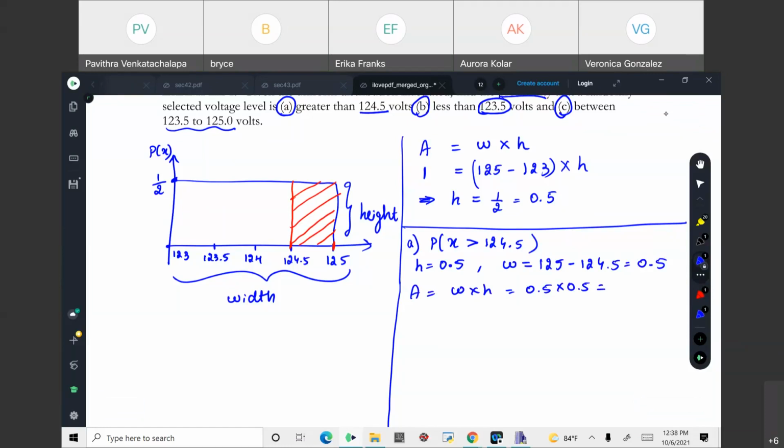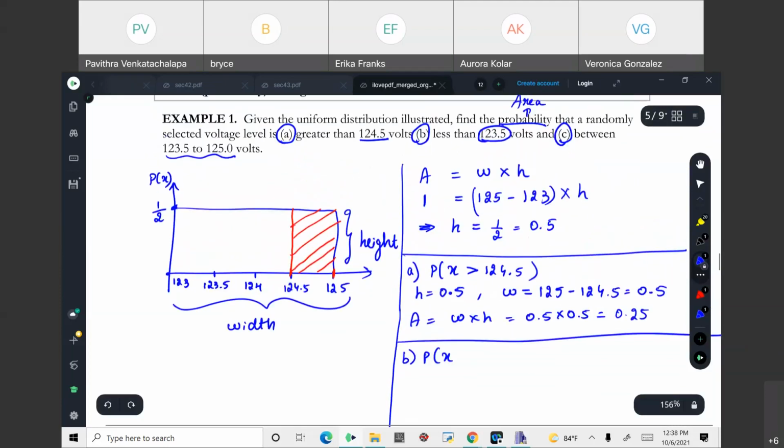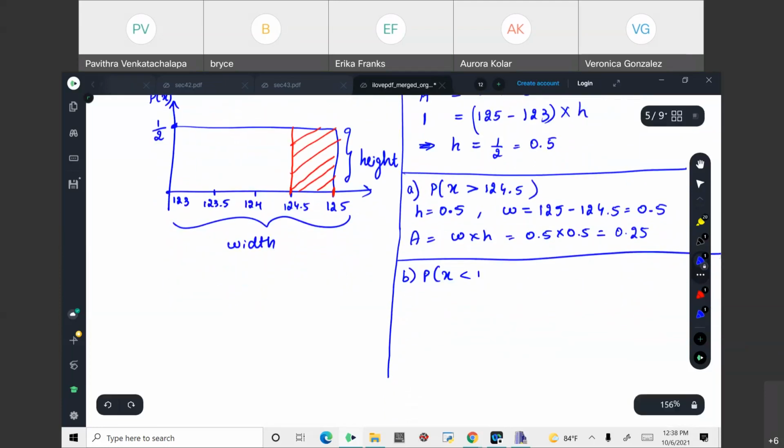Now calculate in the same way, you have to calculate the area for x less than 123.5. So this is B. This area you have to calculate.